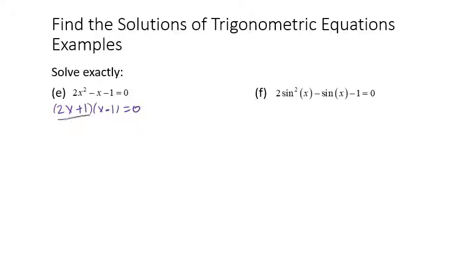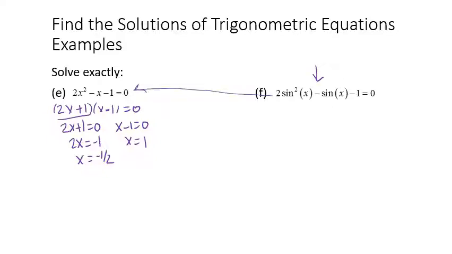Then you set each of those factors equal to 0 and solve for x, so you get x equals negative 1/2 and x equals 1. It's the same kind of deal when you have multiple sines in an equation. You can see how this literally matches up with this. Just look at it by letting sine equal x. If sine equaled x, we would have this exact equation.